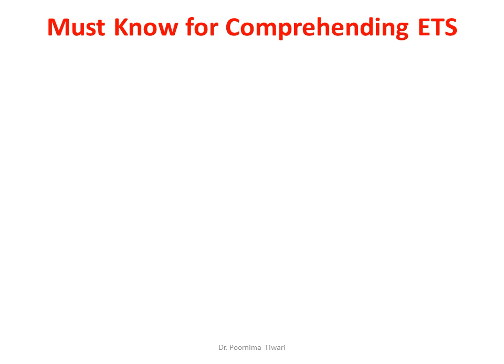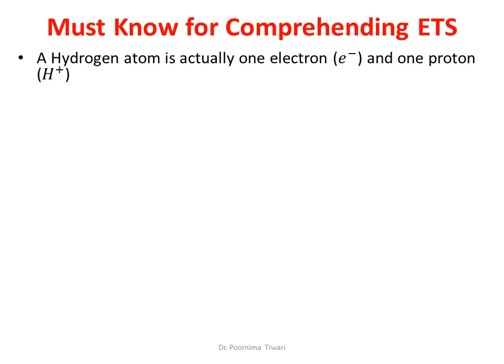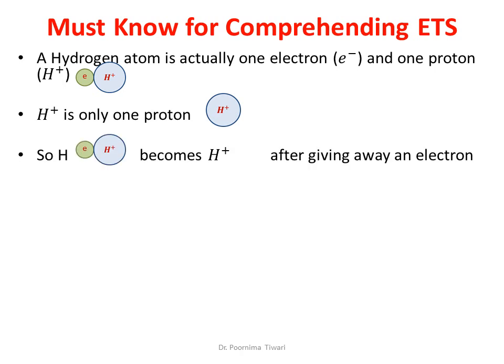It's not difficult to understand the electron transport chain if we understand the following facts. One hydrogen atom is actually just one electron and one proton. Therefore, H plus ion is only a single proton. So, a hydrogen atom becomes hydrogen ion, only a single proton, after it gives away its only electron.